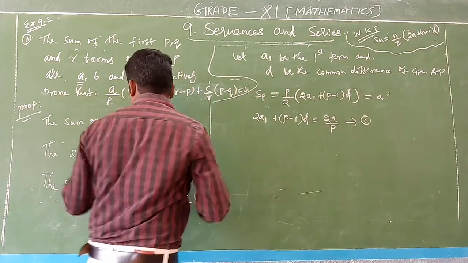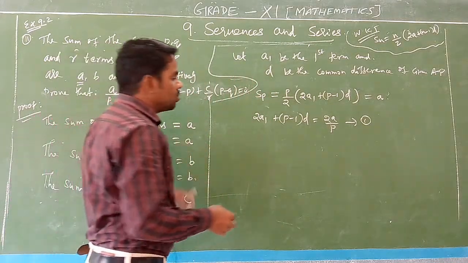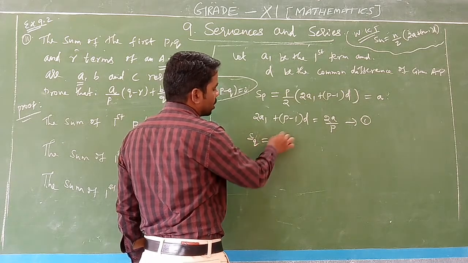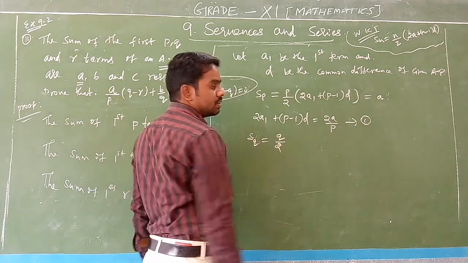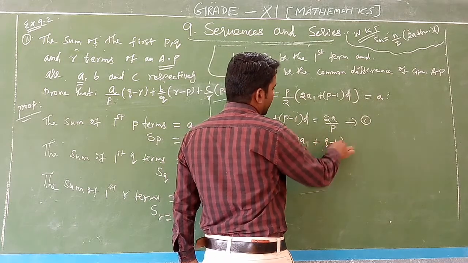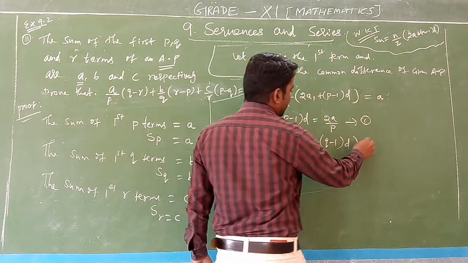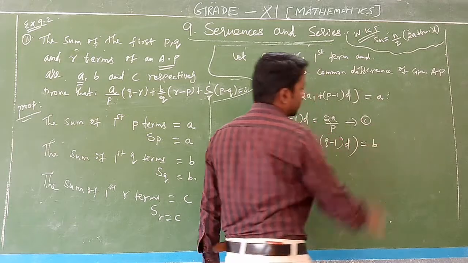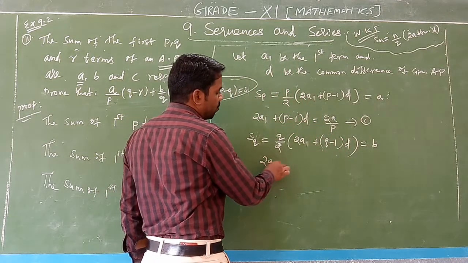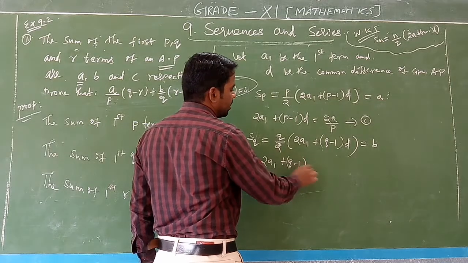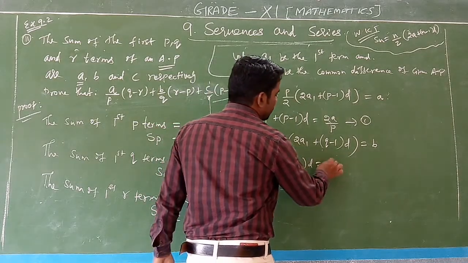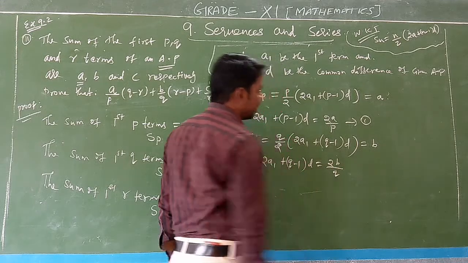And the second one, Sq is b. Sq is written as q by 2 of (2a1 plus (q minus 1) into d) equals b. Simplify this: 2a1 plus (q minus 1) into d equals b into the reciprocal of q by 2, which is 2b by q.